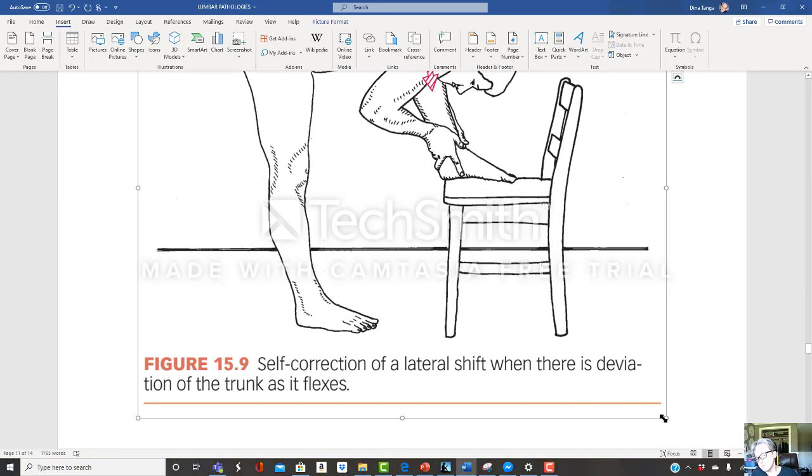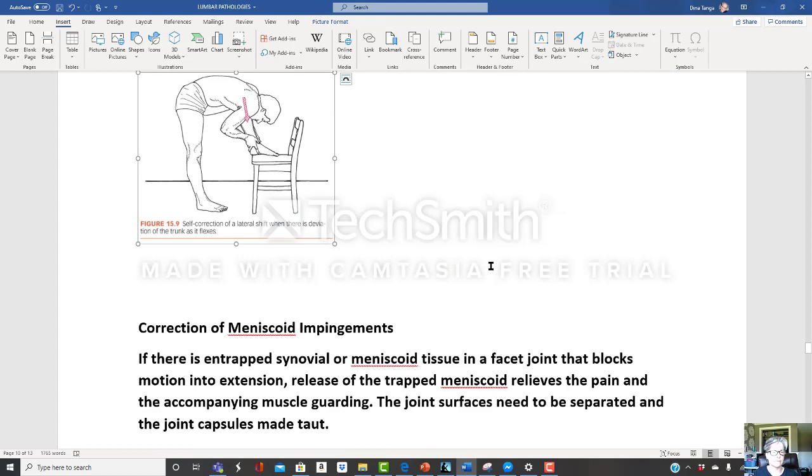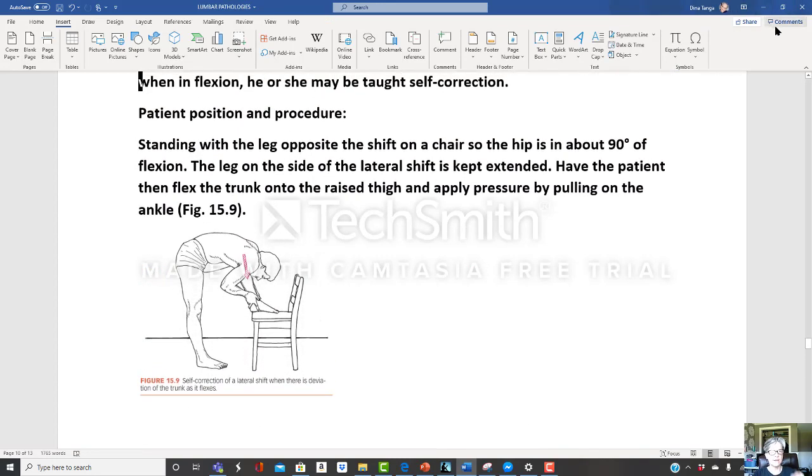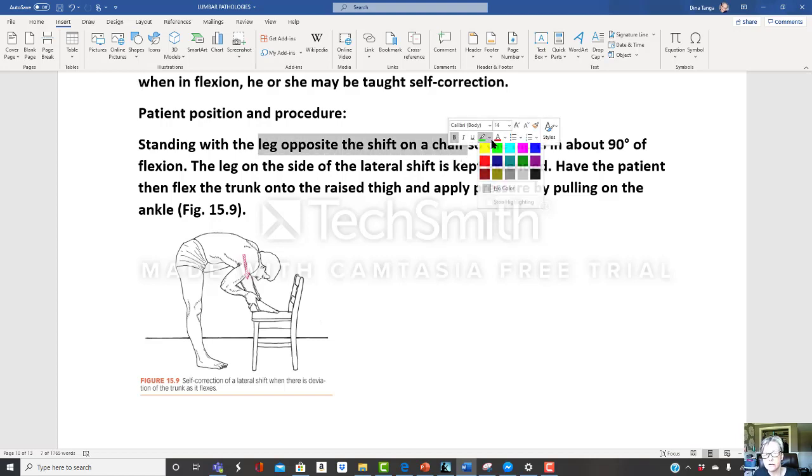I don't know about you, but I've never heard of this before. Standing with the leg opposite the shift on a chair so the hips are in about 90 degrees of flexion. So the leg opposite of the shift is on the chair.